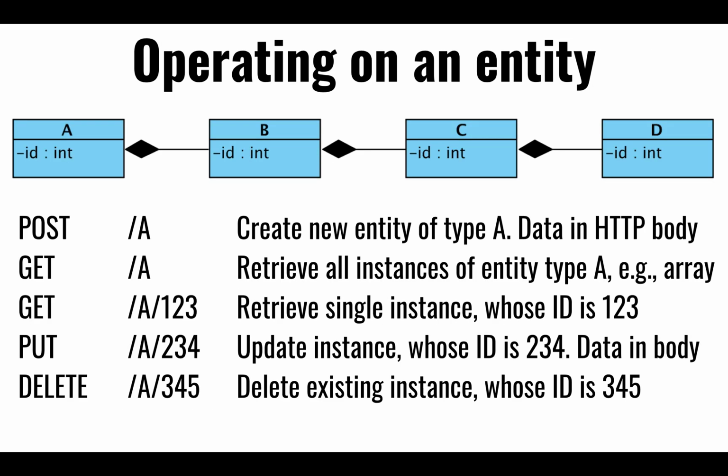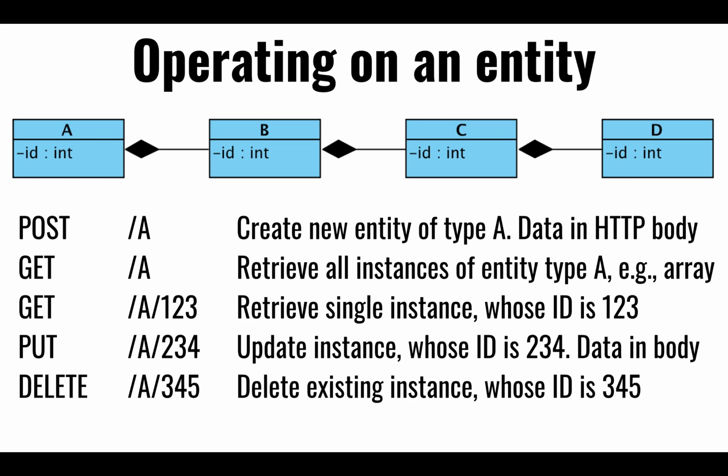Okay? So here's the generic idea. If you're trying to create a new instance of A, you should use the following URL. Well, first you need to use post because you're creating a new instance. And you want to refer to the entire set of A's. So you say I am adding a new instance, A123, and I'm adding it to the set of all A's.